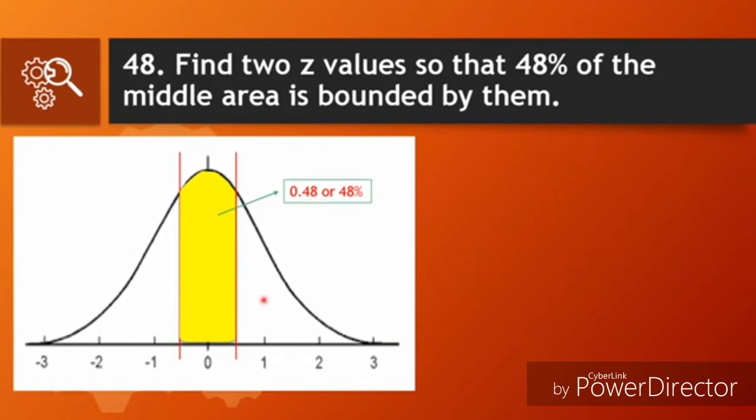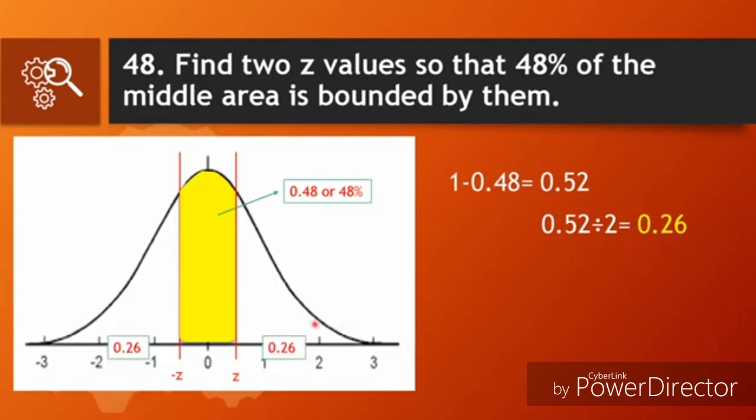To find the non-shaded part, we will subtract 0.48 from 1, which is equal to 0.52, and we will just divide it by 2 because it is two parts. So the answer is 0.26. Therefore, this part is 0.26.